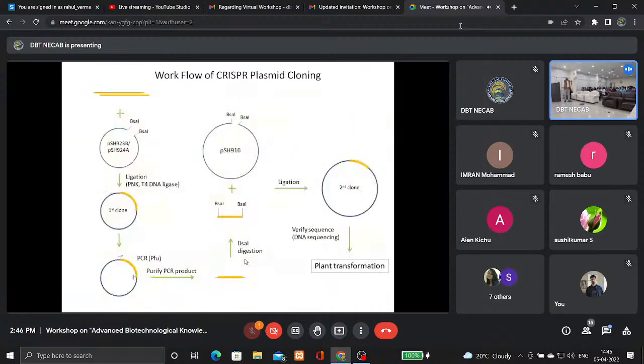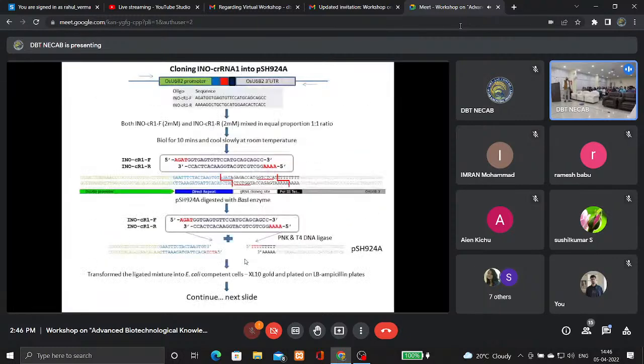Okay, so when we are going to digest with this, in this region there is one NcoI restriction site. So when this region is going to be abolished or replaced by guide RNA, the NcoI site is also abolished, right? NcoI will also be released, right? It will be removed within this fragment.